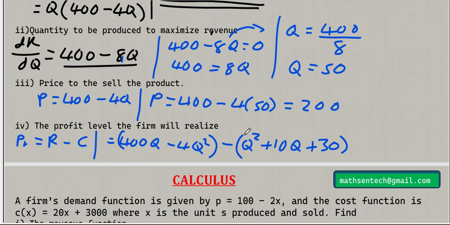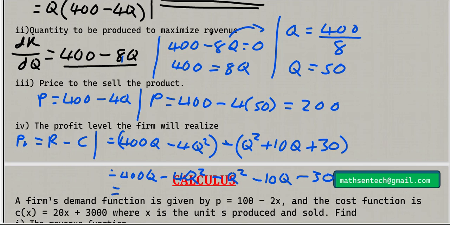Then once you're done with that, you can open the brackets. If you open the brackets, you're going to get 400Q minus 4Q squared minus Q squared. Now minus and plus gives minus, so minus 10Q, then minus and plus again gives minus, so minus 30. Of course you have to put the like terms together.